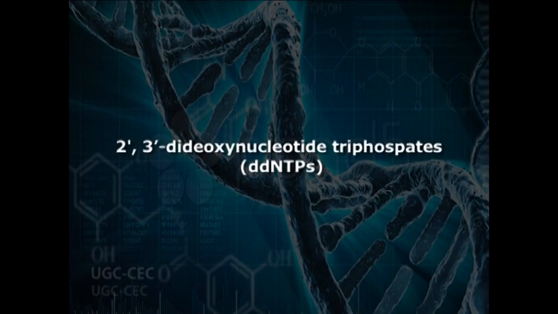This technique utilizes 2',3'-dideoxynucleotide triphosphates, ddNTPs, molecules that differ from deoxynucleotides by having a hydrogen atom attached to the 3' carbon rather than an OH group. These molecules terminate DNA chain elongation because they cannot form a phosphodiester bond with the next deoxynucleotide.